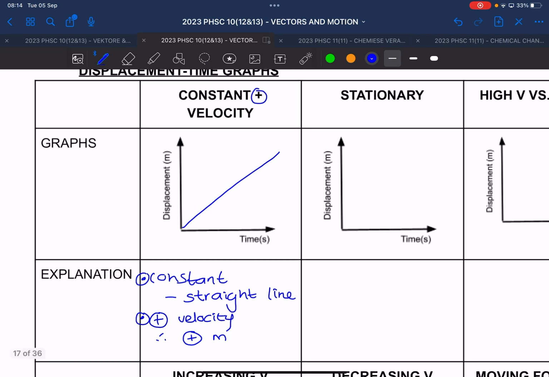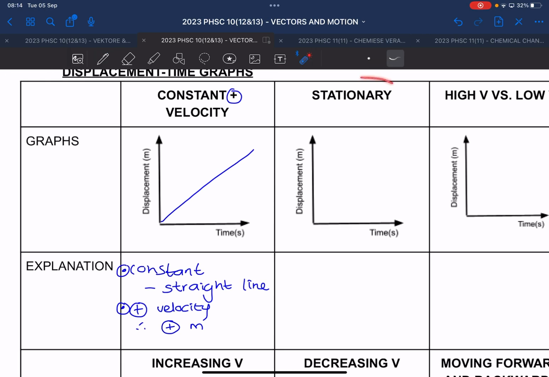When the object is stationary, it means stationary. It's not the stuff that you write with here. Stationary means that it has no velocity, or that the velocity is 0.